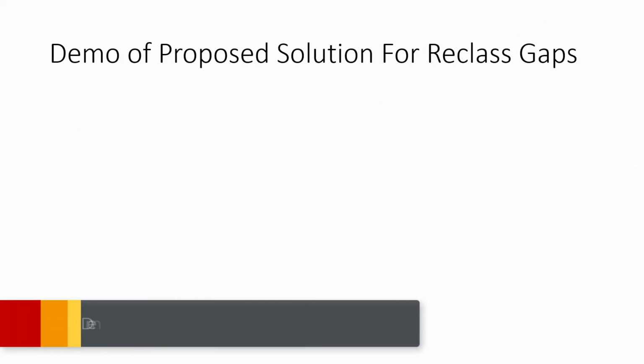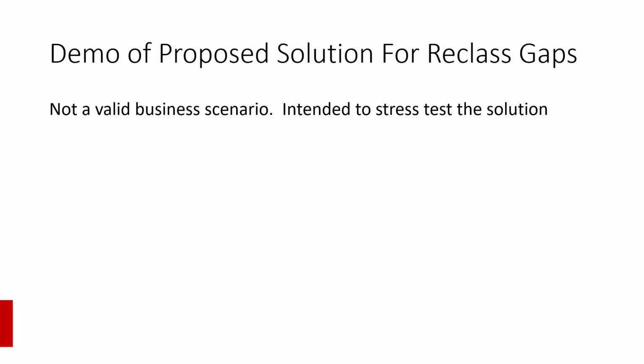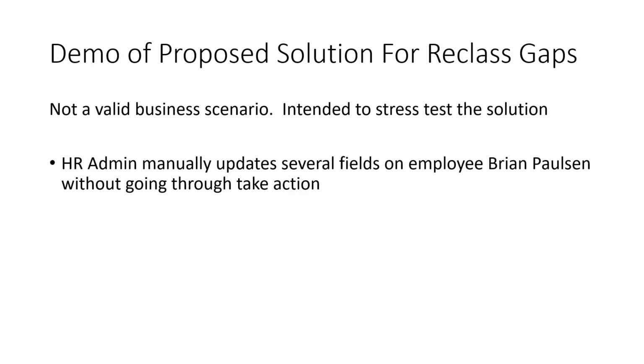Let me explain what you're going to be seeing. What I'm going to show you is not really a valid business scenario. It's really just intended to stress test the solution so that you can understand how it's going to work. In our example, the HR admin is going to manually update through the clock several fields on the employee, Brian Paulson, without going through take action.